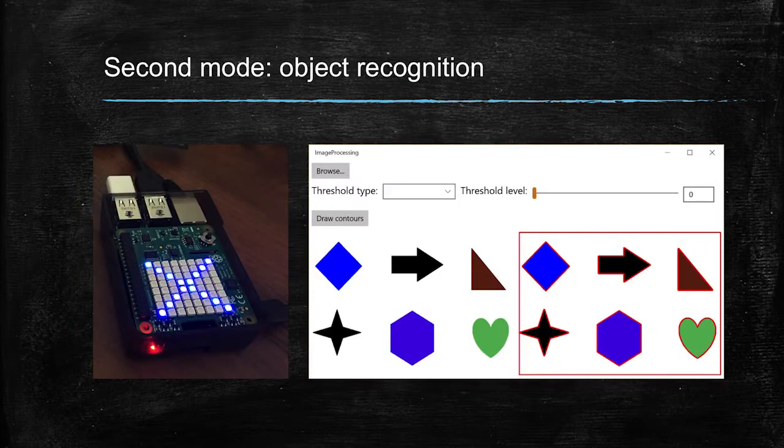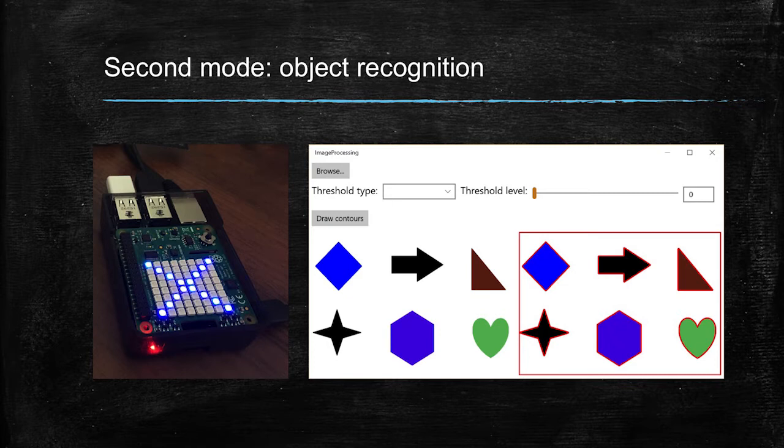For the second mode, I have custom developed processing based on the OpenCV library. And here is an example of how this processing works. This sample app has a simple user interface, which lets you pick a picture.